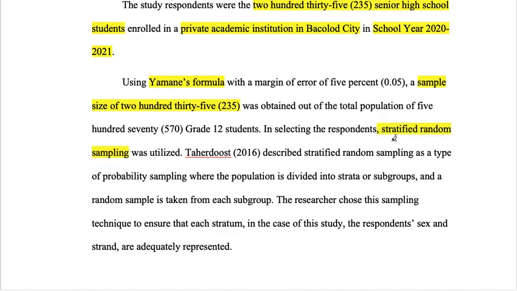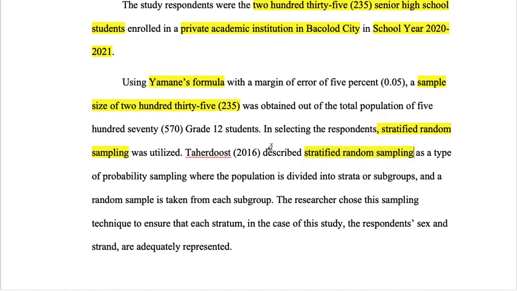For example, in here, the researcher used stratified random sampling. So mention that in selecting the respondents, stratified random sampling was used. And moreover, you are to define or describe stratified random sampling.